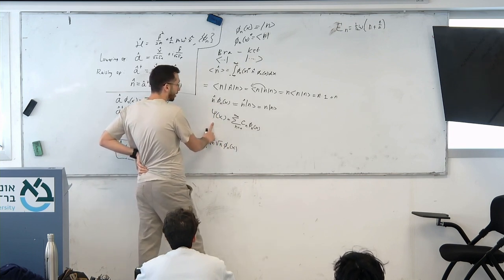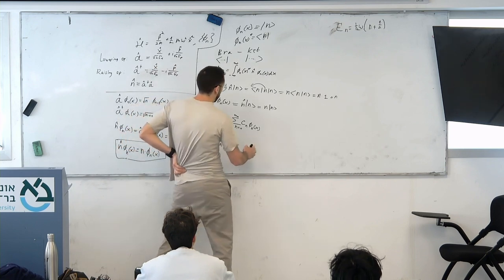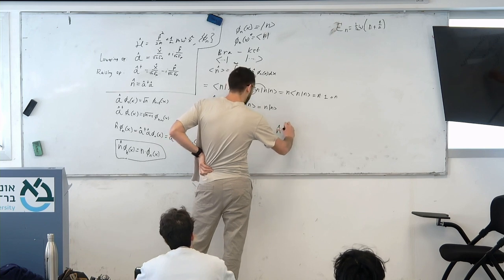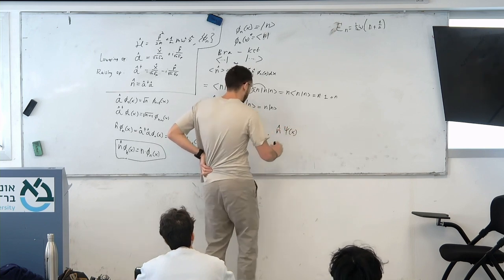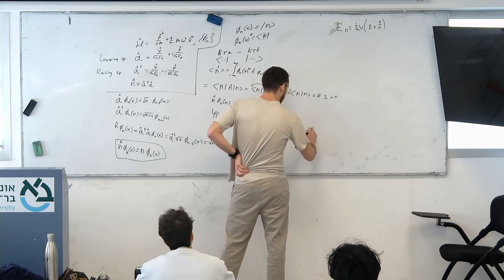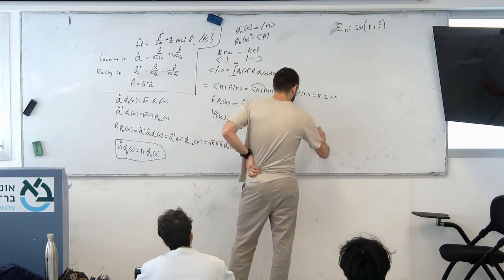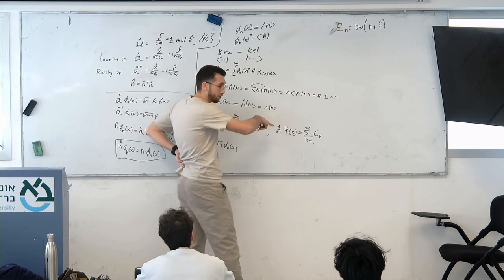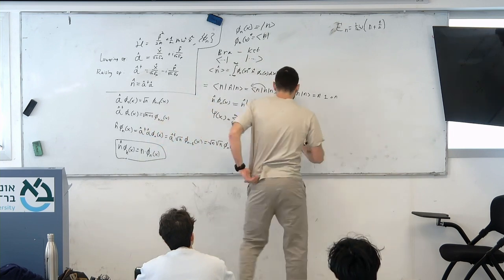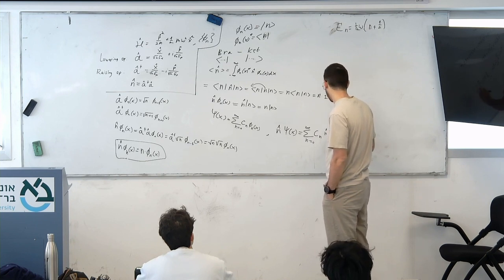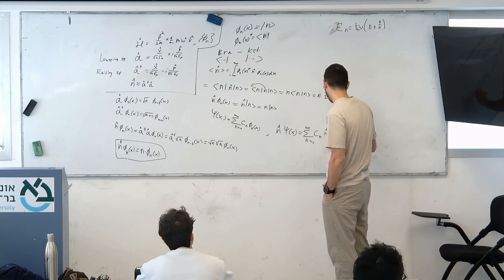So let's do it: the n operator applied on psi of x is equal to the sum over n equals 0 to infinity of Cn, because I can take it inside after all the scalars but not after the function. And then we're going to get n phi n of x.